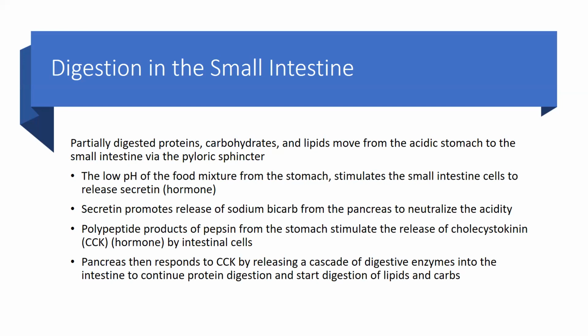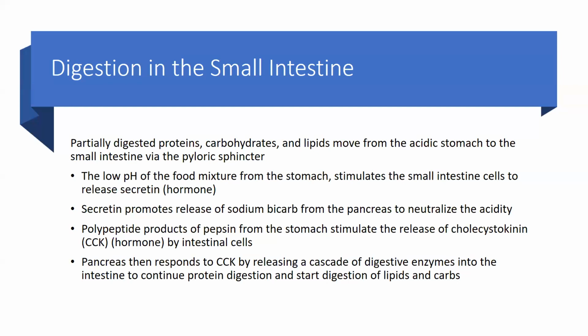Secretin is released because of that transfer of acidic chyme into the small intestine. That's going to tell the small intestine, we need to protect ourselves, so you need to secrete bicarb. One of secretin's main jobs is to help secrete sodium bicarb from our pancreas to neutralize the acidity that just got passed through our stomach.